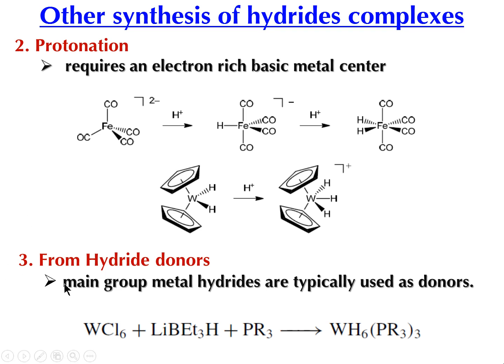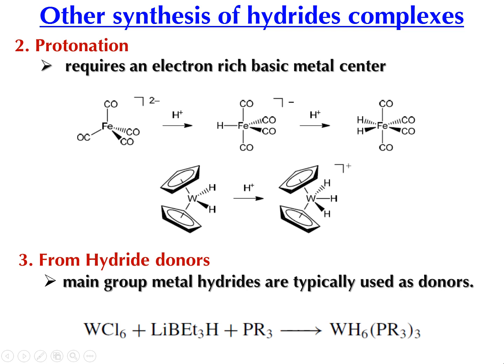The third method is to add a molecule that is a hydride donor, for example, lithium triethylborohydride, or in organic chemistry, you know that LiAlH4 is a hydride donor. So you add these types of substances to the complex and you obtain metal hydrides.